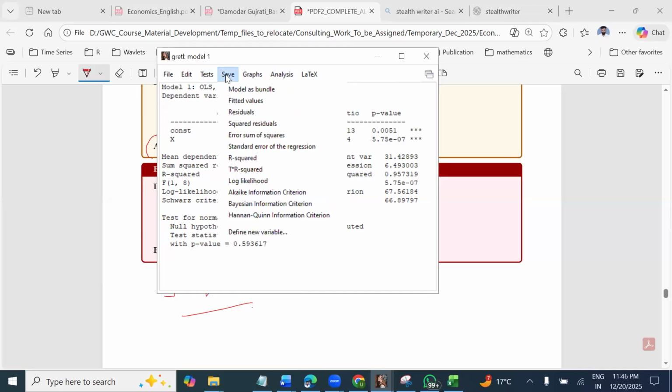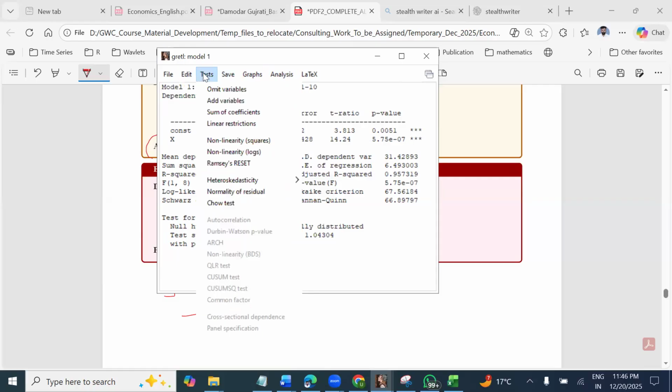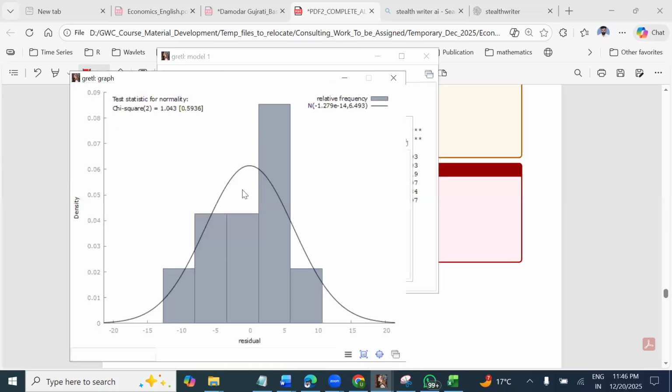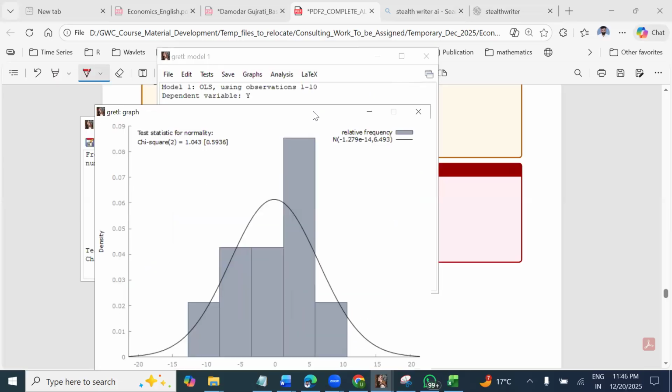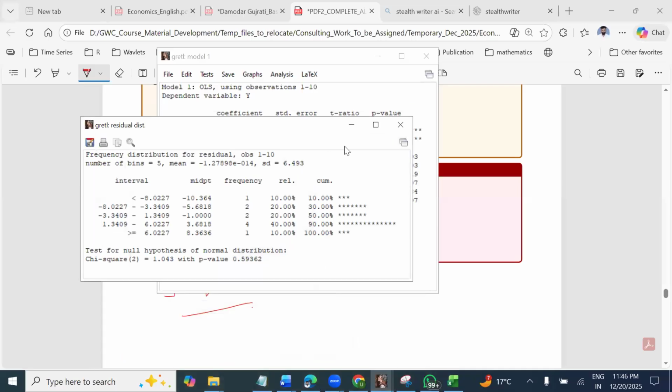I think here it is not given directly. There is the Ramsey test, but the Jarque-Bera test will be easily done in other software.